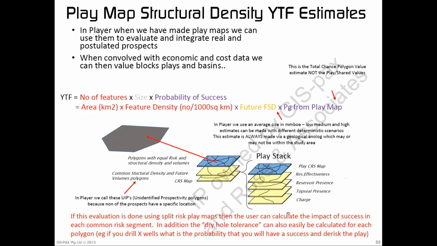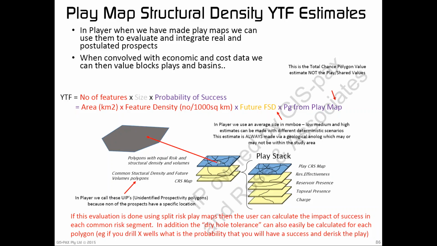Now the other thing we can do, once we've actually got these maps and we've got a polygon, is look at the risk volume and the play risk. So if my play risk is 50% and my risk volume is 100 million barrels, I know that if I de-risk that play, my risk volume will go up by a factor of 2.